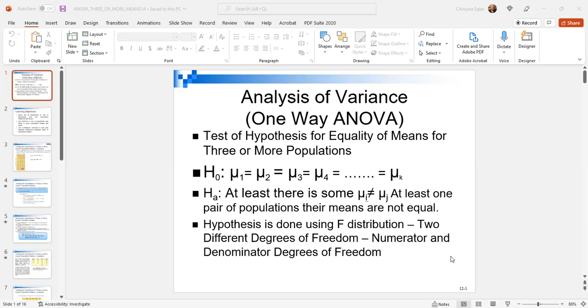Analysis of variance is in fact a whole semester's course by itself, and you can even specialize in it in a master's degree or a PhD. It's a big, vast topic, but nevertheless, it's also a very simple concept.